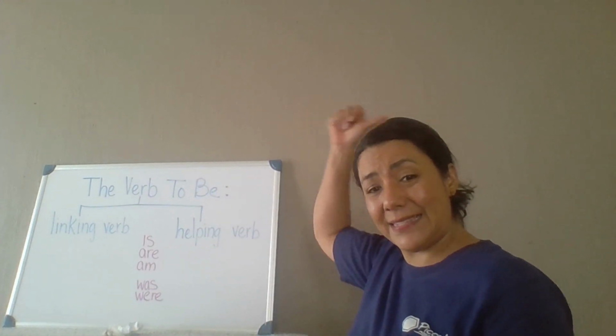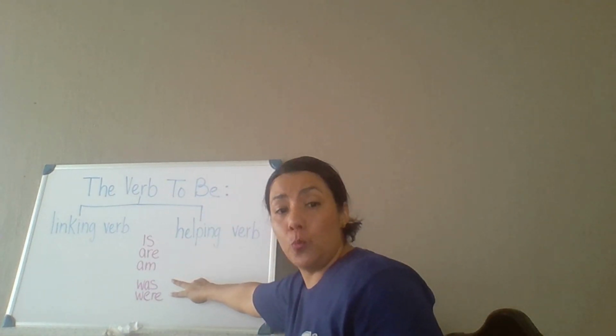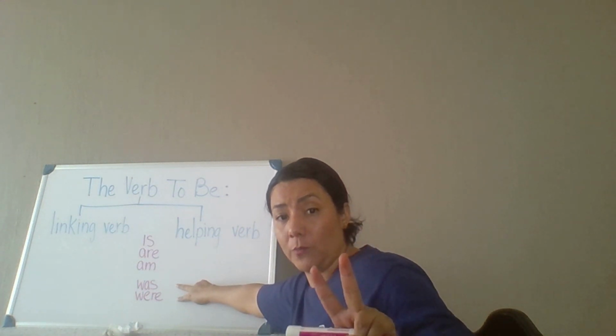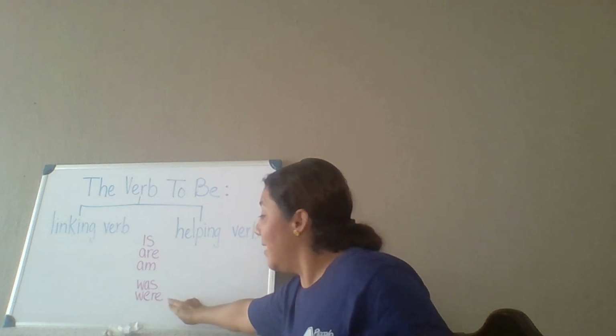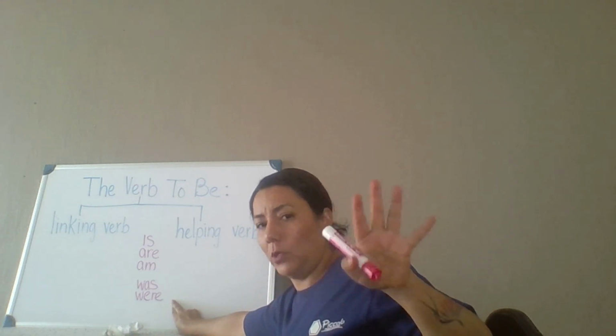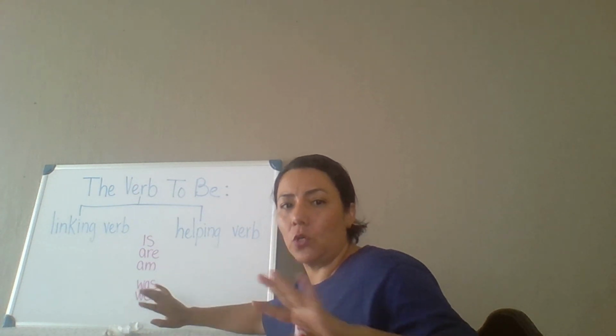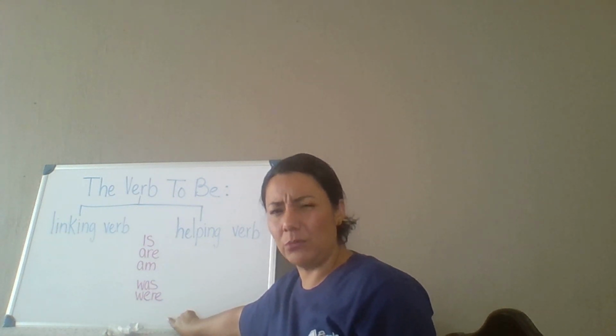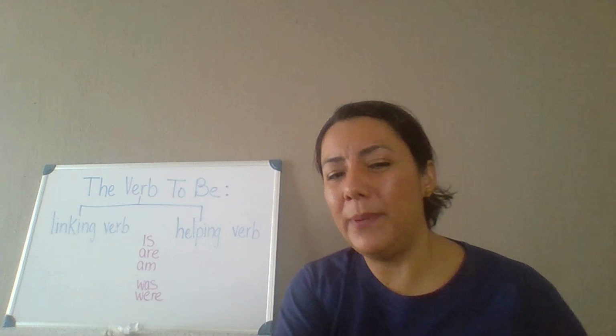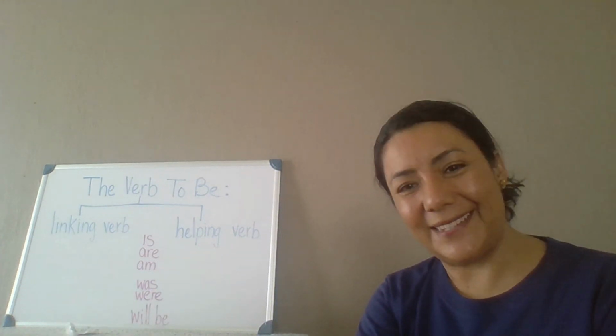In past, to be has two forms. Was for singular subjects and were for plural subjects. Only was or were, singular, plural. And one in future. Will be. Correct.